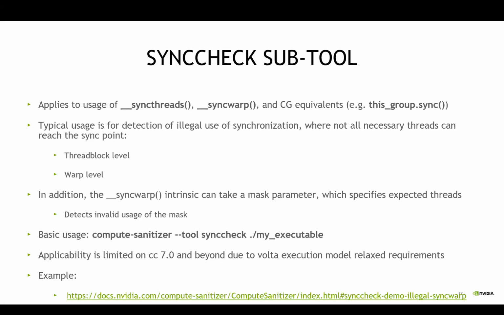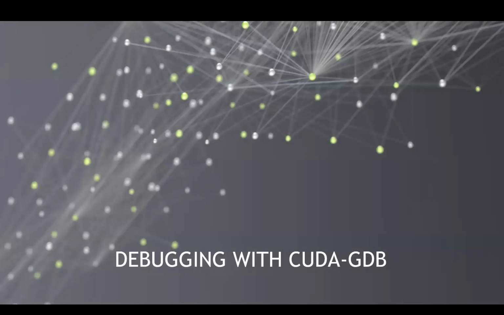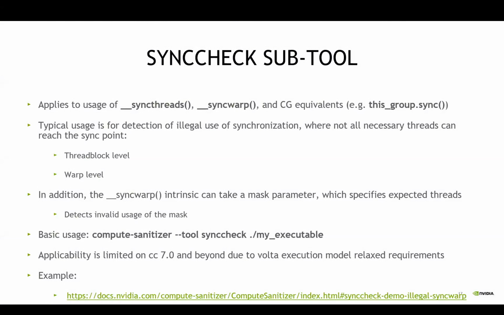If those threads exit instead of participating, that is now legal usage of __syncwarp and __syncthreads. And this is, at a minimum, somewhat counterintuitive. It also limits the usability of this tool, because there are many situations that we might have thought were illegal and are no longer illegal.